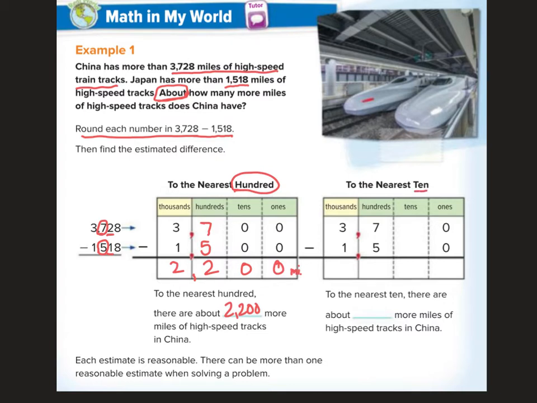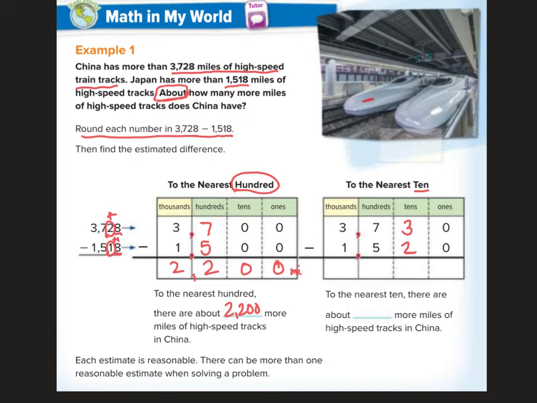Now what would happen if we rounded to the tens place? Okay, I'm going to circle the digit in the tens place. Underline the digit in the ones. The 8 tells me to add 1 to the 2, so I'm going to get a 3. Circle the tens place, underline the ones. That 8 again is going to tell me to add 1, so I'm going to get a 2.